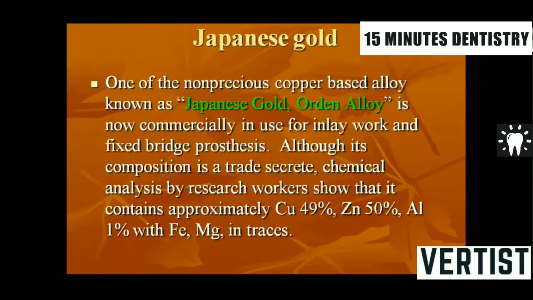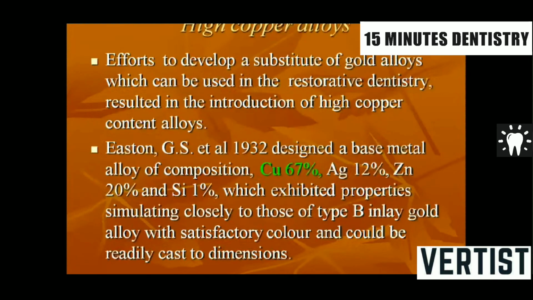These are different products which are very famous with their brand names or the companies which propagated their sales. Because as the gold cost kept on increasing, people came out with different options which used to look like gold. As the old saying goes, everything that glitters is not gold. So most of them which are available in the market today are having 0% gold. Japanese gold, pro gold, high copper alloy. So they have minimal or no gold in them.